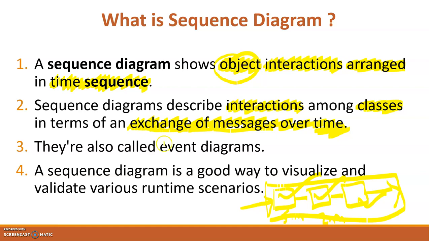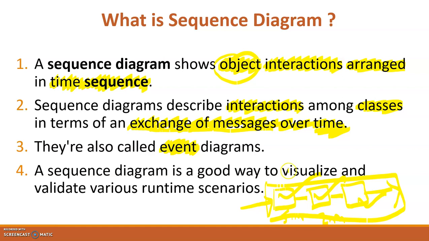Sometimes we call a sequence diagram an event diagram, because through this diagram we can describe our whole event along with all the types of interactions, exchange of messages, time, and everything. The final point is that a sequence diagram is a good way to visualize and validate various runtime scenarios.